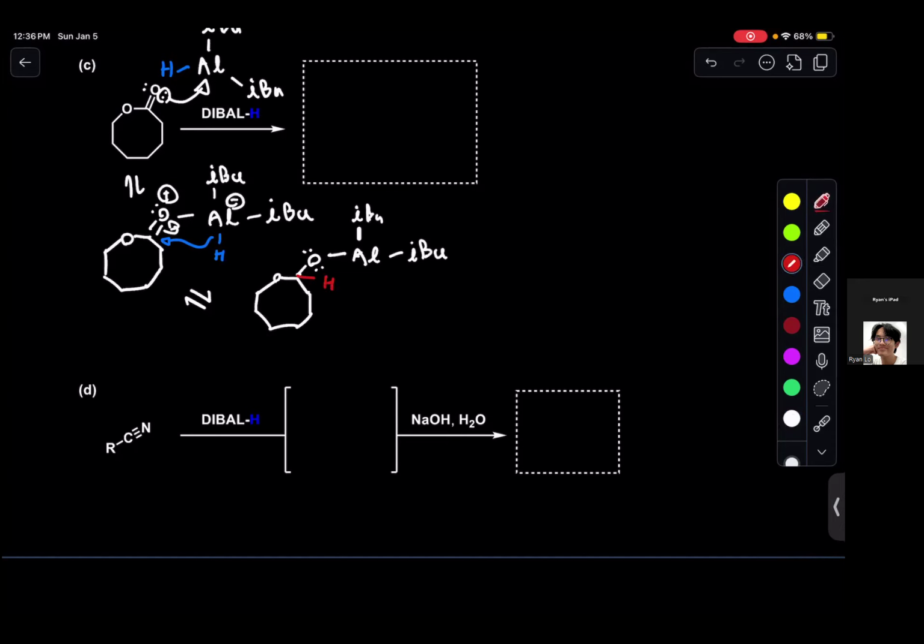Then from here, let's see what's going to happen. With an aqueous workup, a lot of these reactions have assumed reagents, so we're going to assume NaOH is being added here. Just assume that whenever you're doing these types of reactions, there's an OH potential here on its own.